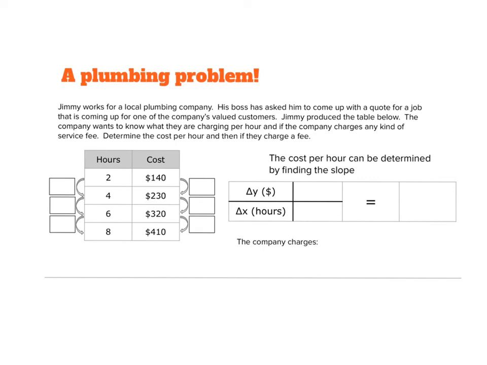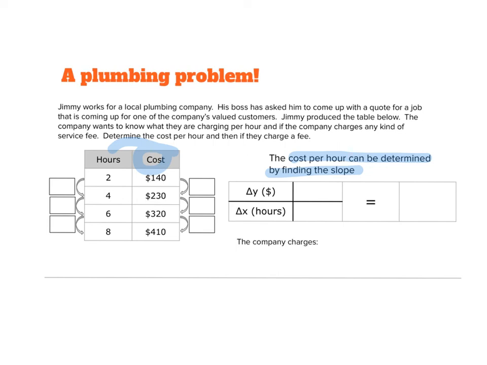Our cost per hour is going to be our slope. When we're interpreting these real world situations, our slope, like I said, is going to have meaning here. And our meaning is going to be the y per x. So in this case, our cost per hour, or we could have feet per second.